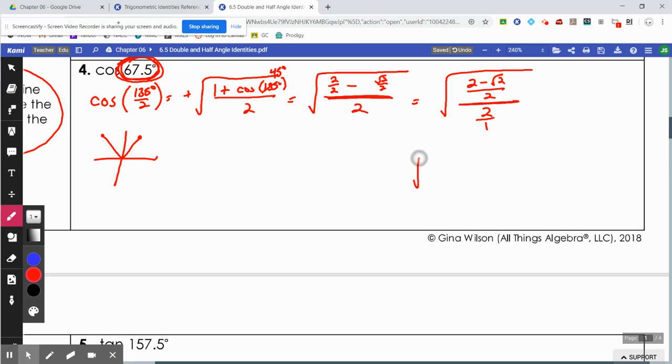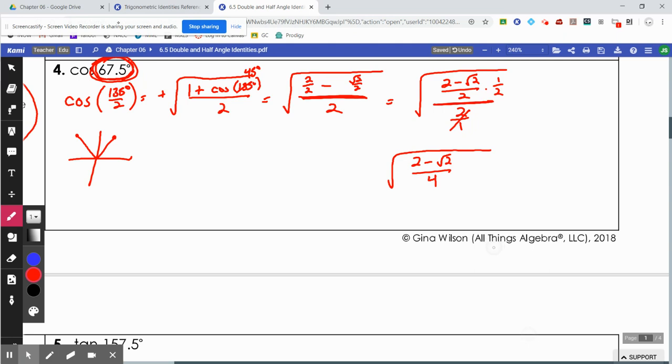So I now have the square root. When you flip and multiply, you're going to do times 1/2. That's going to be 2 minus root 2 all over 4. And that can be simplified by splitting the square root and doing the square root of the top over the square root of the bottom. The square root of 4 is 2. So there's your exact value.